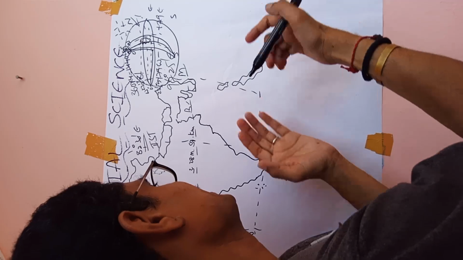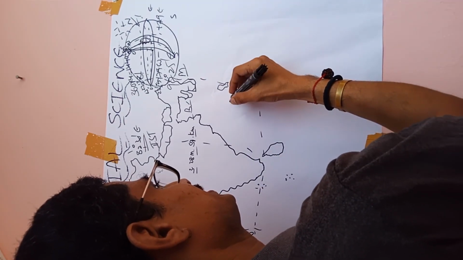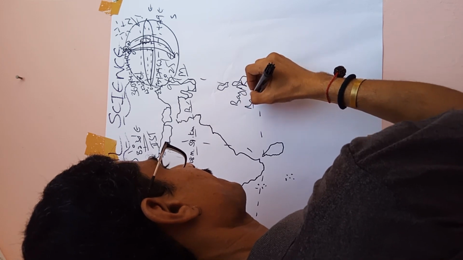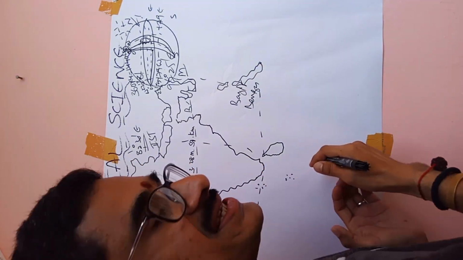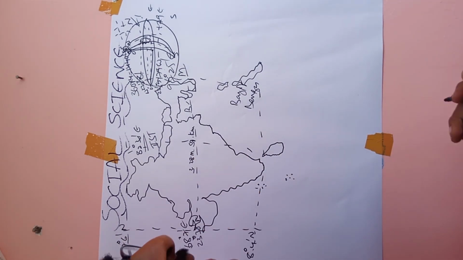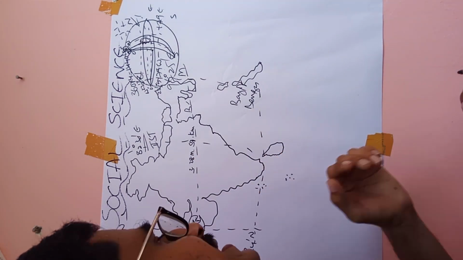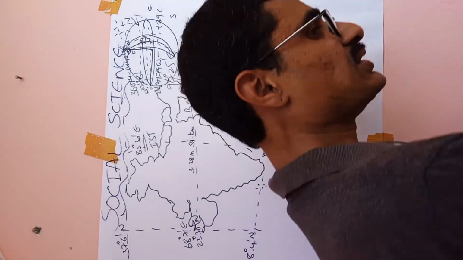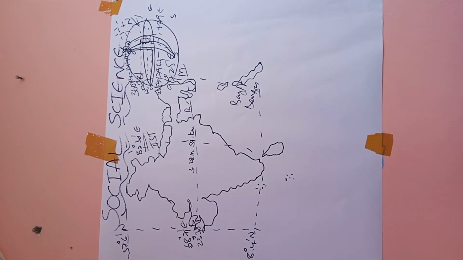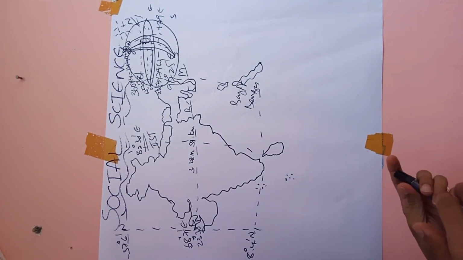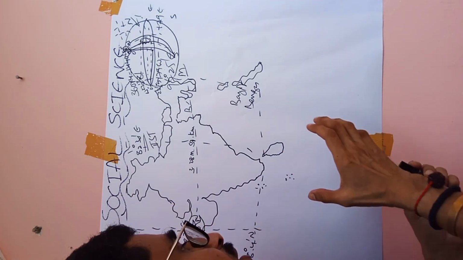Easily we can see here what the boundaries are. Here, the Bay of Bengal. This is the Arabian Sea. Here, the Great Himalayas are there in the north, and Pakistan in the northwest. We are bordering the Indian Ocean in the south. Why is it called the Indian Ocean? The Indian Ocean is one of the three largest oceans.